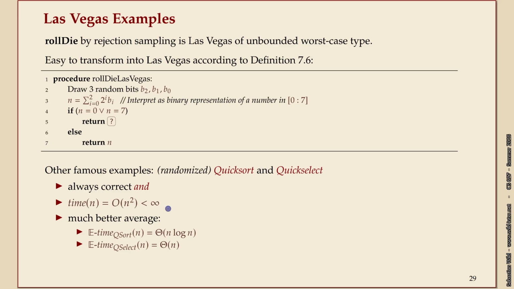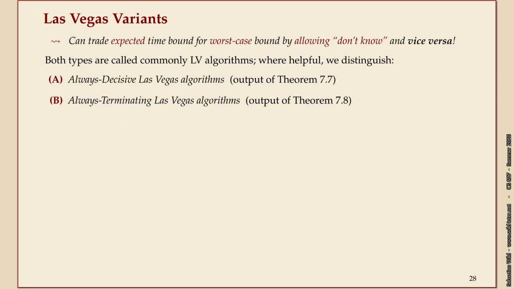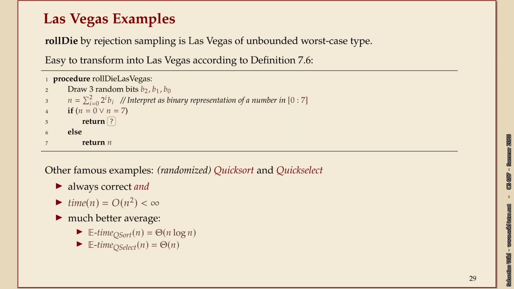But in these cases, you also have the combination of these two properties from the previous slide, right? Quicksort and quickselect, they are both always decisive and always terminating. So again, in not too bad examples of problems, you can get both always terminate and always correct. Okay.